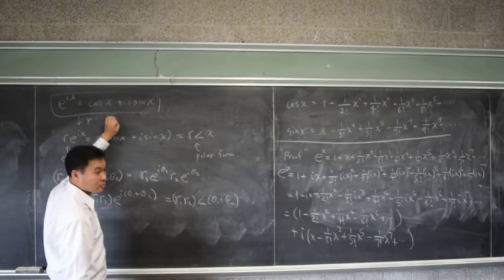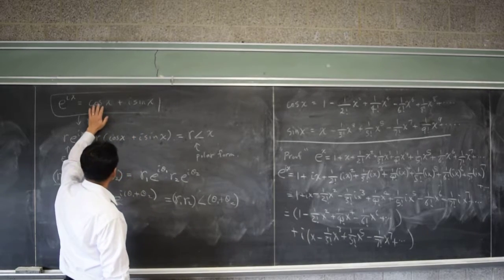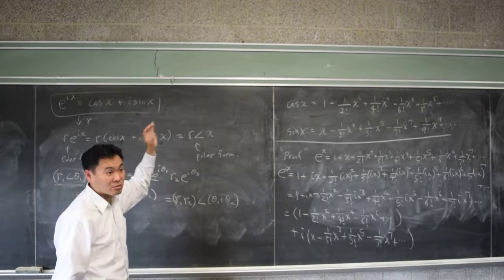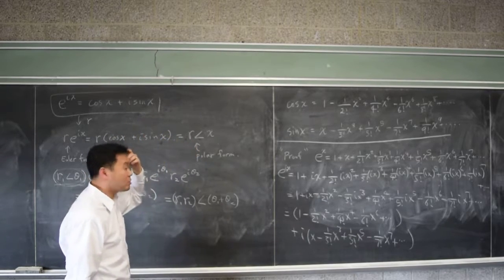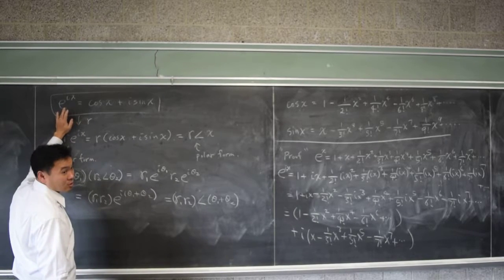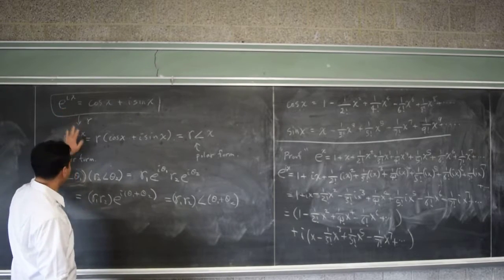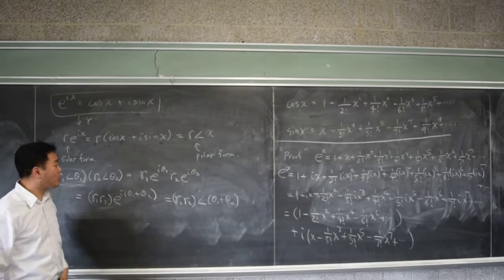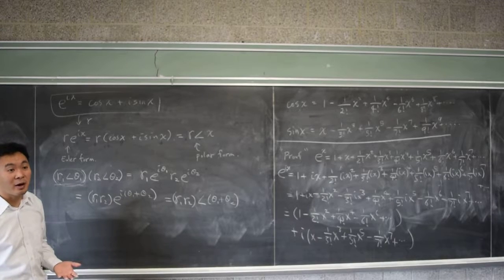1. It's 1 because if you square the first and square the second, add them up, you get cosine squared plus sine squared, which is 1, right? So taking the square root of 1 gives you 1. Therefore, the magnitude of this value is 1. If you multiply by r, the magnitude will be r. Now, I'm doing all this assuming that r is positive.